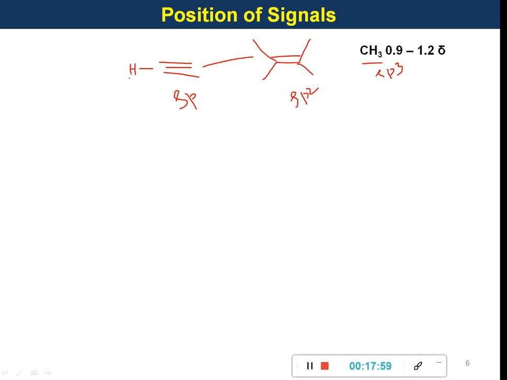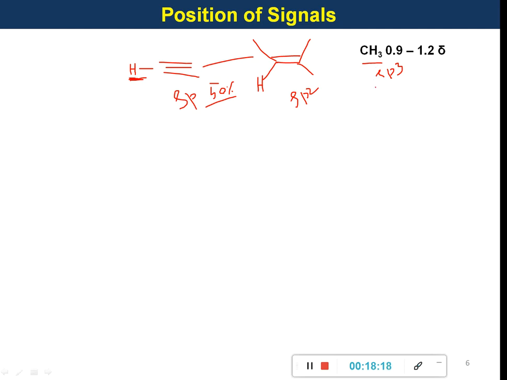Hence we expect sp hybridized carbon, that is alkyne, acetylene for example, which has a free hydrogen atom, to be observed in the upfield region.